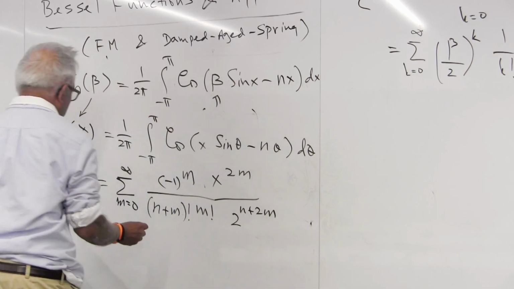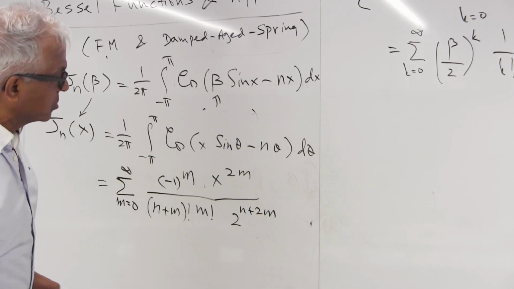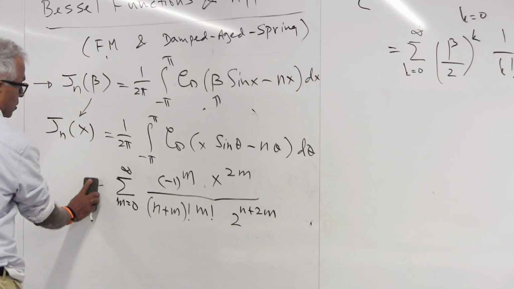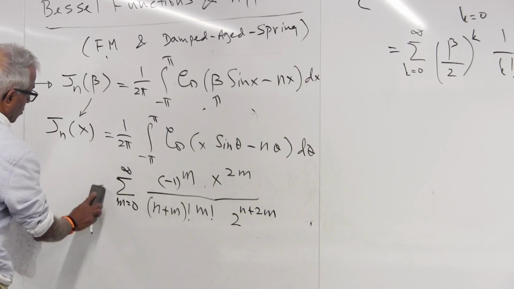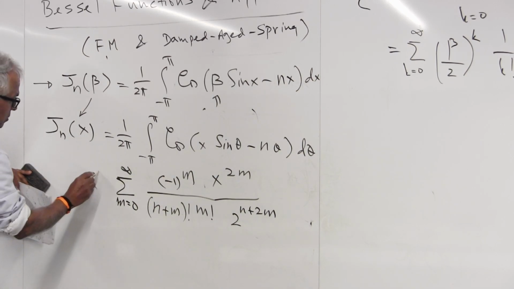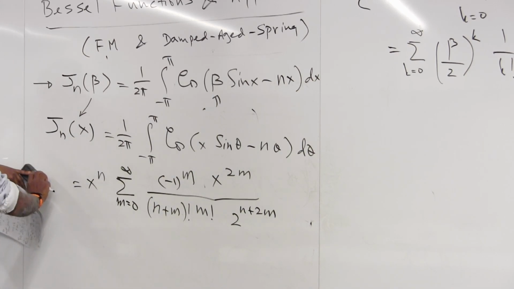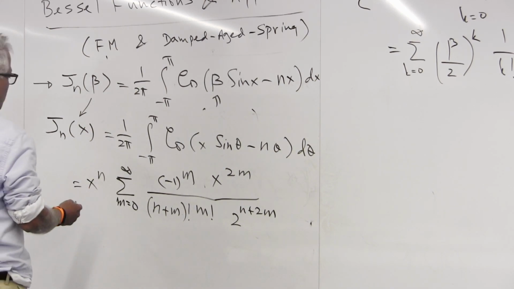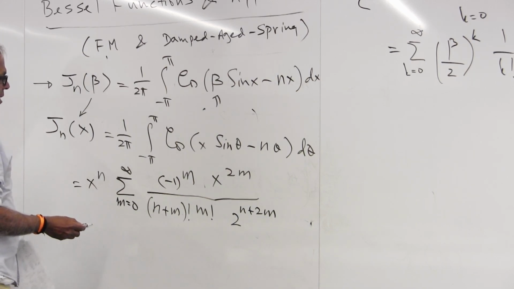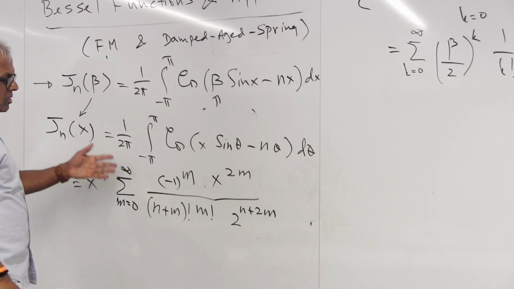So several ways it is written, in which case you can add an n here, or you can also write it here. So this is the power series expansion for Jn of x. As I said, you can see when n is 0, it starts with 1.